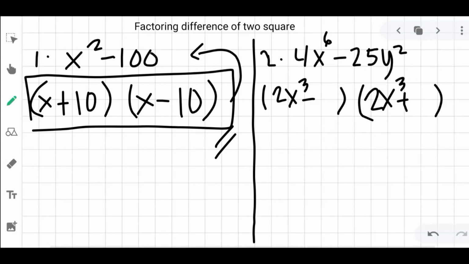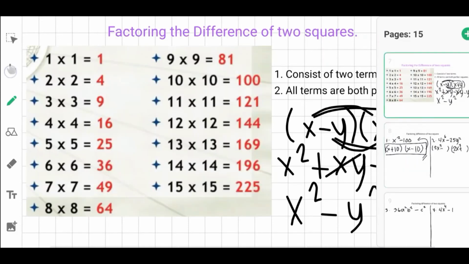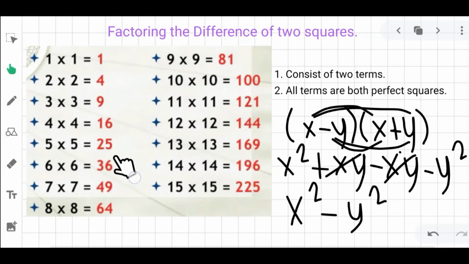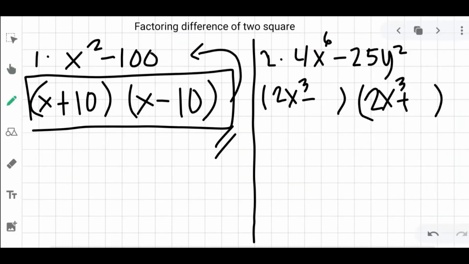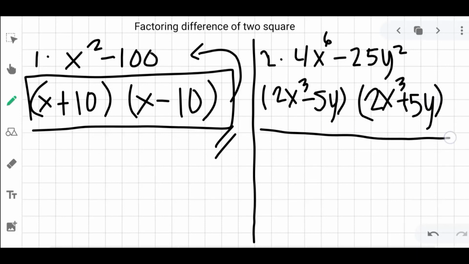So the square root of 25 is, as you can see here, 5. Next is y squared. y squared, the exponent divided by 2, the answer is y. Y na lang. And this is our final answer.